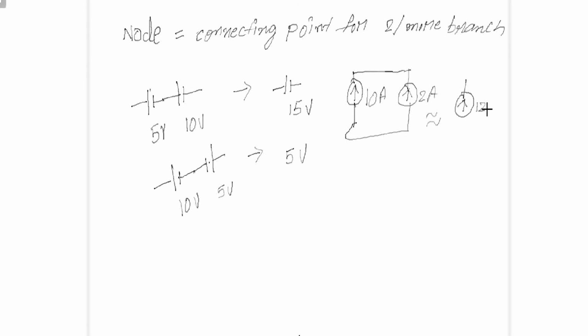The current direction is upward. So if I write downward, then it becomes minus 12 amps.